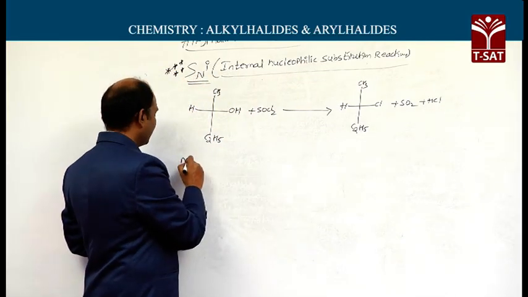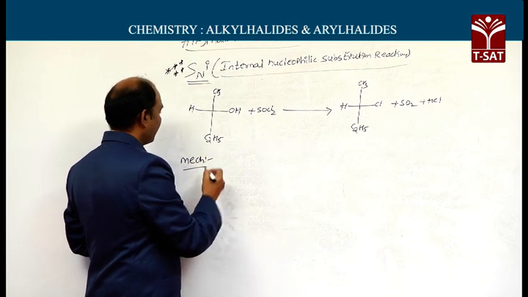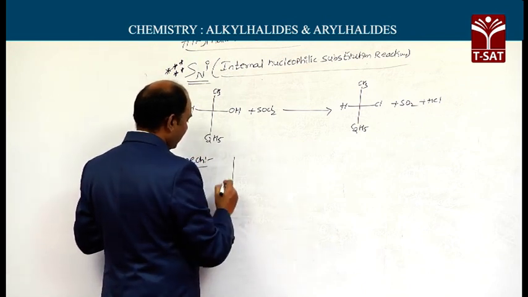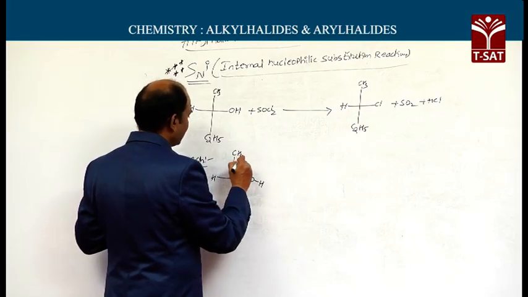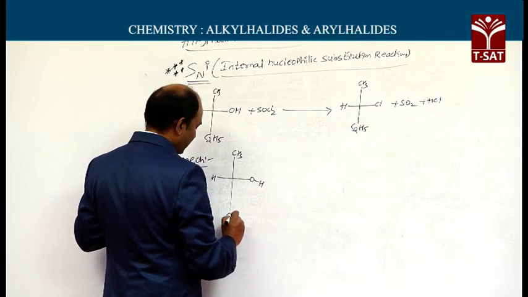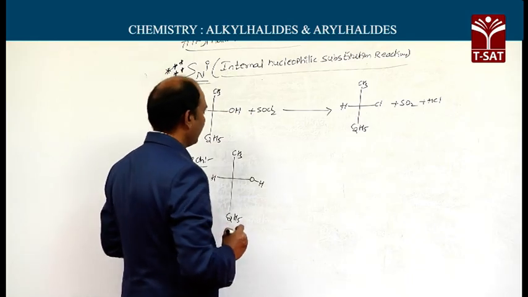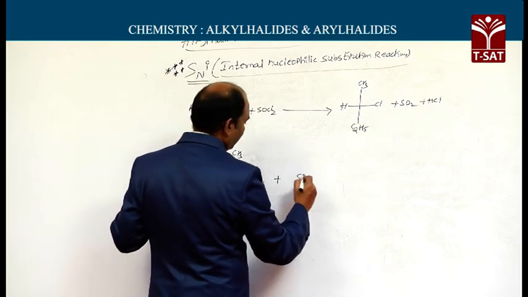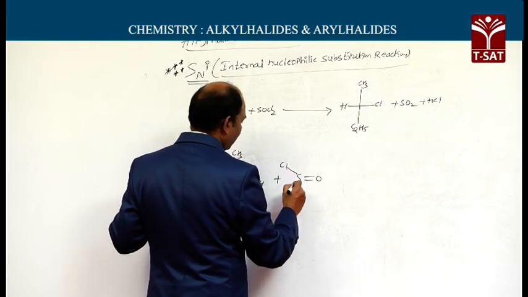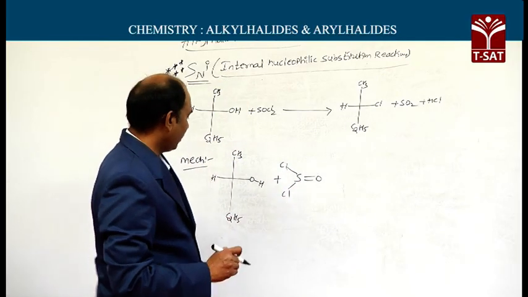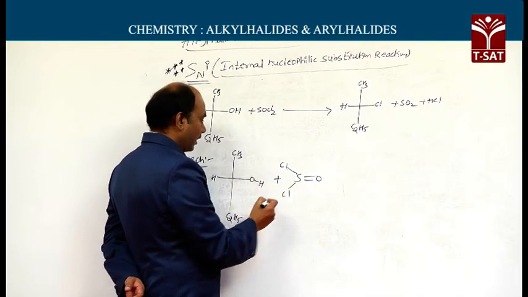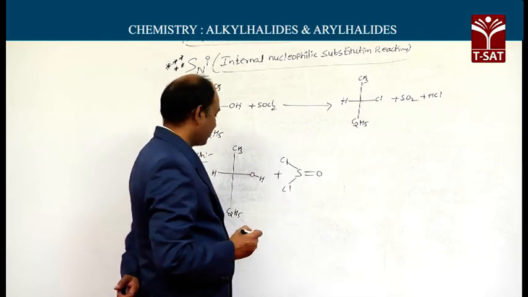What happens in this mechanism? Here we have the alcohol with H, OH, CH3 and C2H5. SOCl2 is thionyl chloride, S double bond O with two Cl.